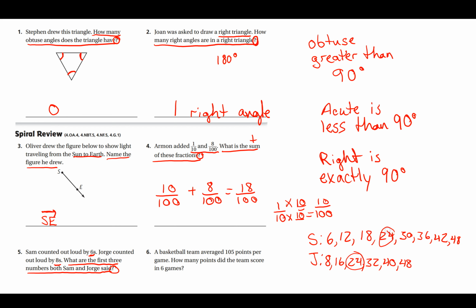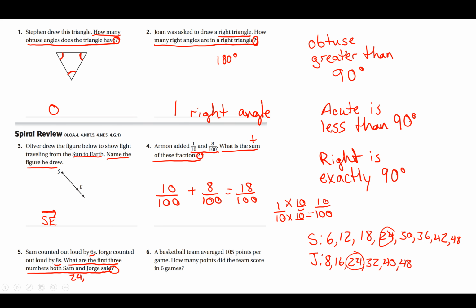So 24 is one of them. They both said 24. All right, I keep going. 30, 32, no. 40, no. 48, yeah. They both said 48. Okay, but now I need to find one more.